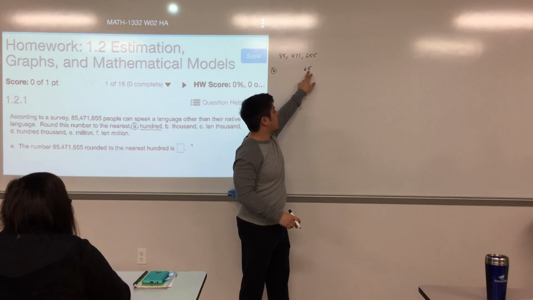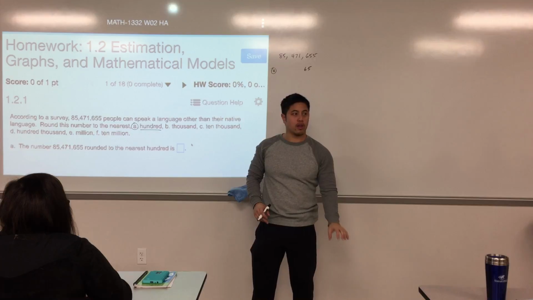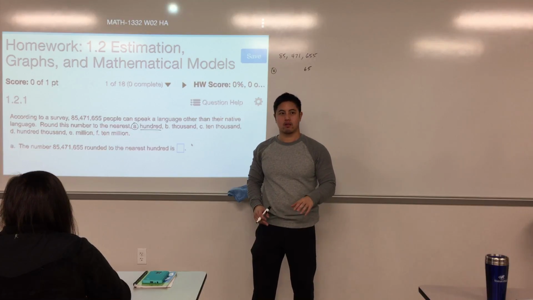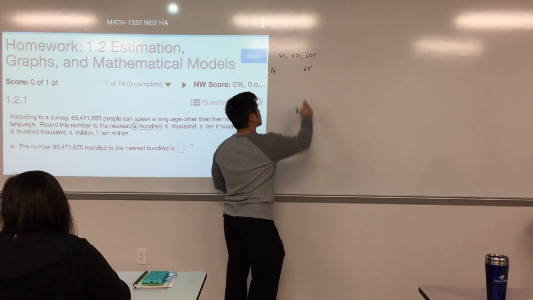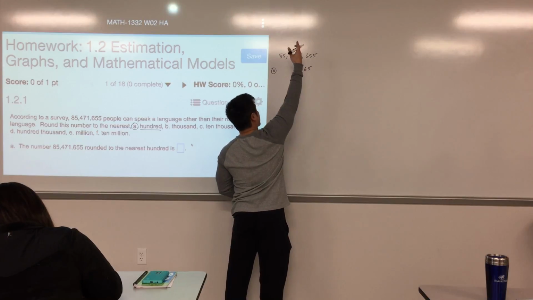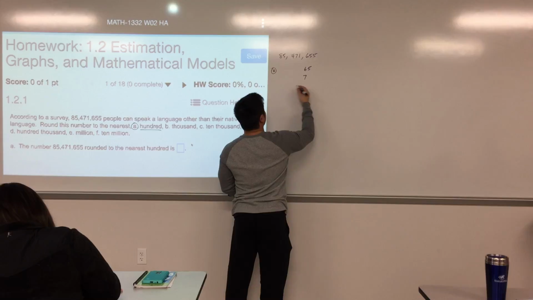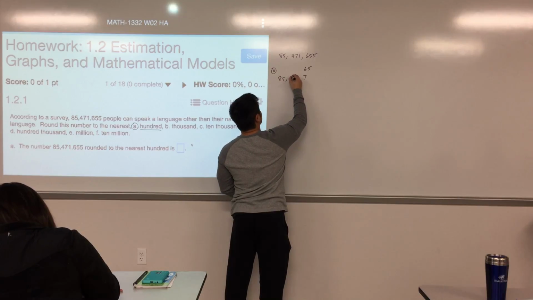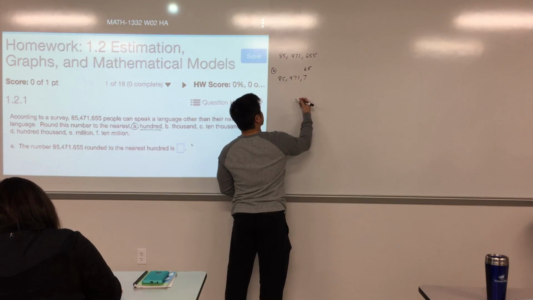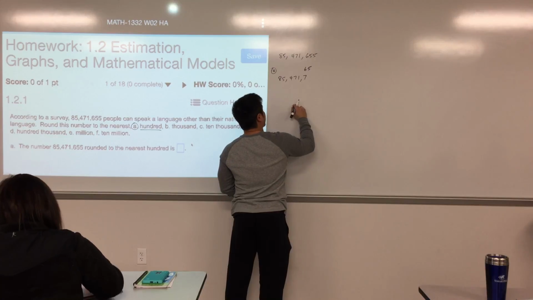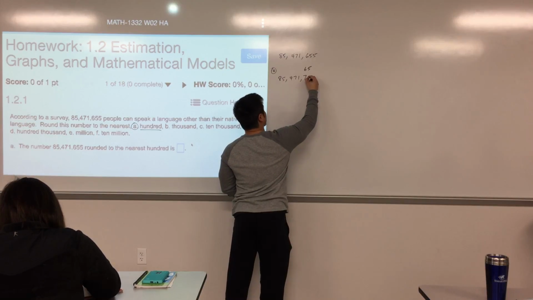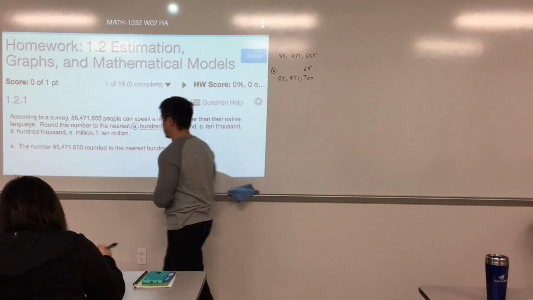If that number to the right of the 6 is 4 or less, the 6 stays the same. Because this 5 is 5 or bigger, this 6 is going to become a 7. Good. Everything to the left of that 7 stays the same. Everything to the right of it goes to 0. And that's the answer there.